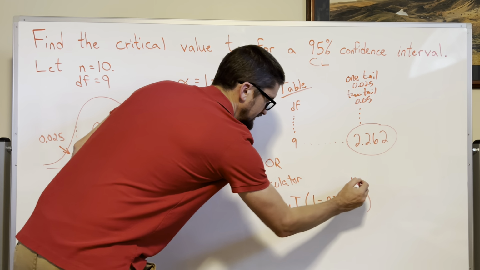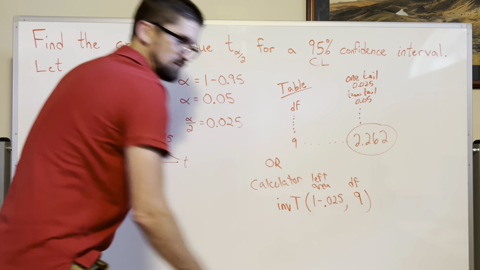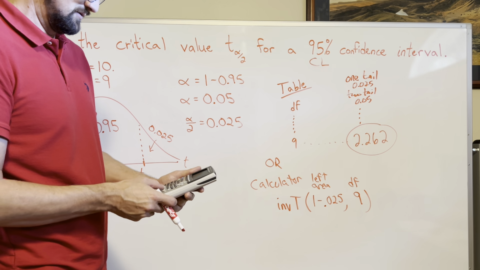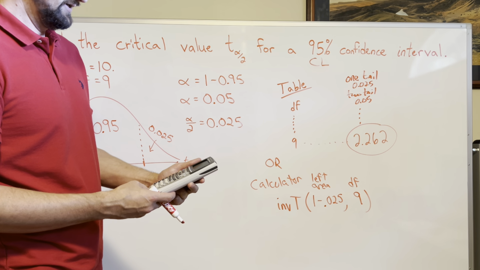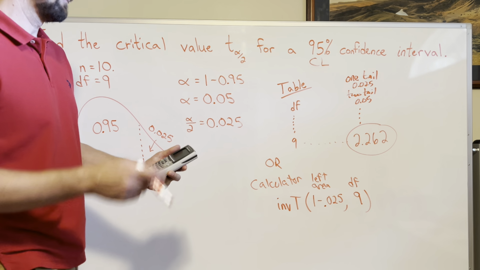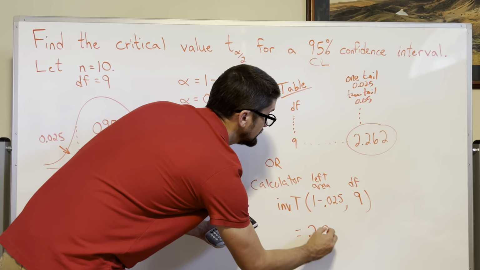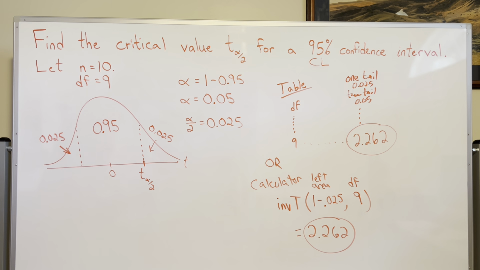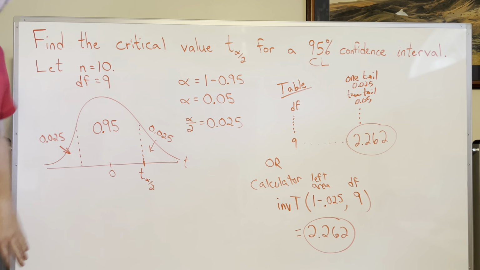So this is the degrees of freedom, and this is the left area. Plug that in the calculator: 0.975, 9, and it's thinking, and it spits out the same number, 2.262. That is how you find the critical t value doing confidence intervals.